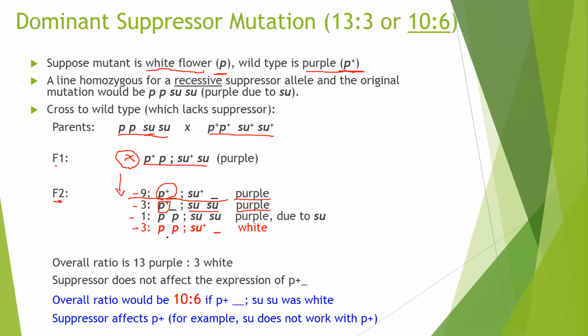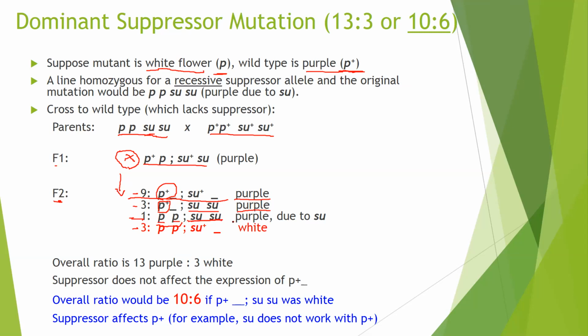Let's look at this one. Both P alleles are mutant. However, if the suppressor is also mutant, meaning the two alleles of the suppressor gene are mutant, then this mutation of the suppressor gene will be able to reverse the mutant effect of the P gene.